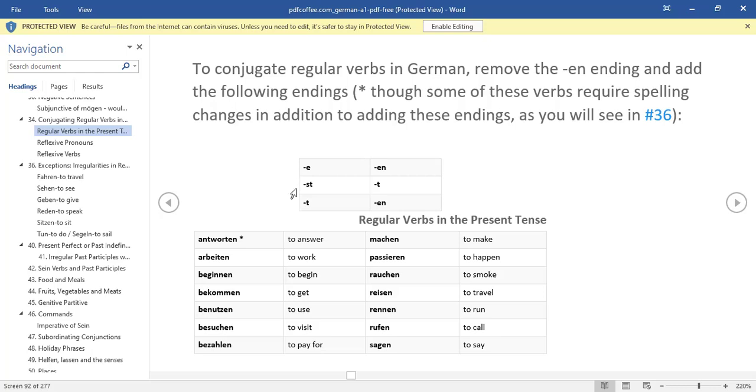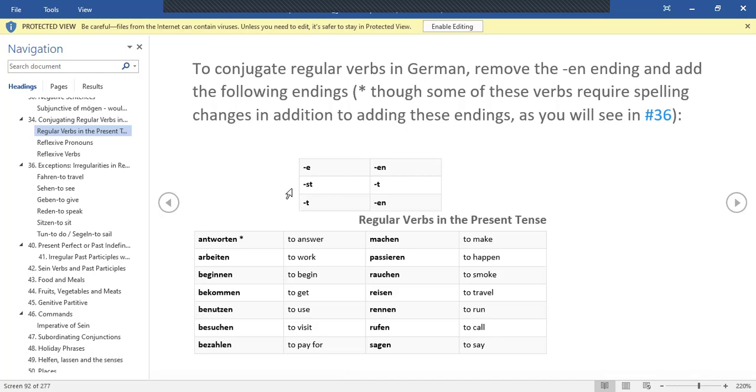Then du is going to take st at the end. I'm still going to use my same sentence, but I'll place my subject. St is used with du. Du is normally informal. So I want to say, you answer my phone.